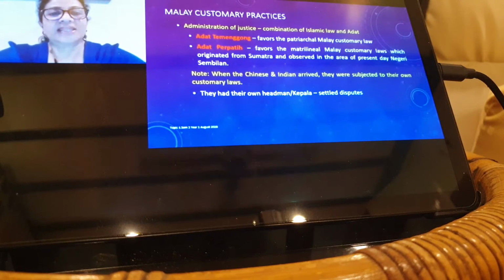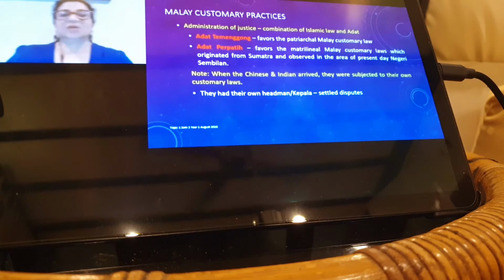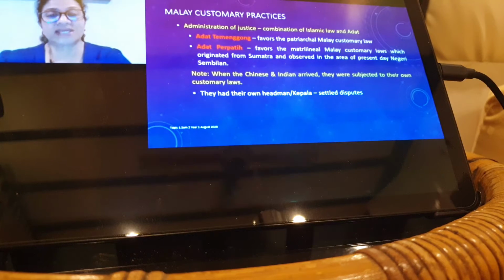There are two adat, traditions in other words: adat Temenggung, which favors the patriarchal Malay customary law, and adat Perpatih, which favors the matrilineal Malay customary law, and it originated from Sumatra and is observed in Negeri Sembilan till today. So this is in relation to Malay customary practices.